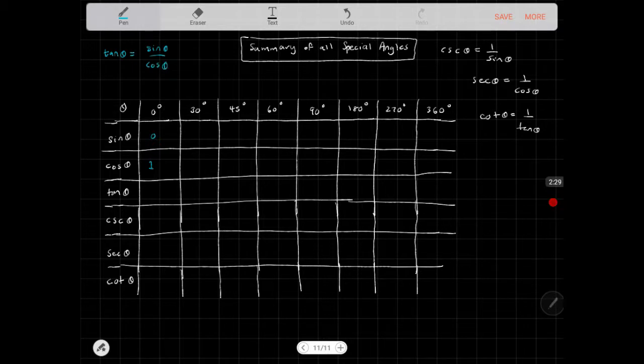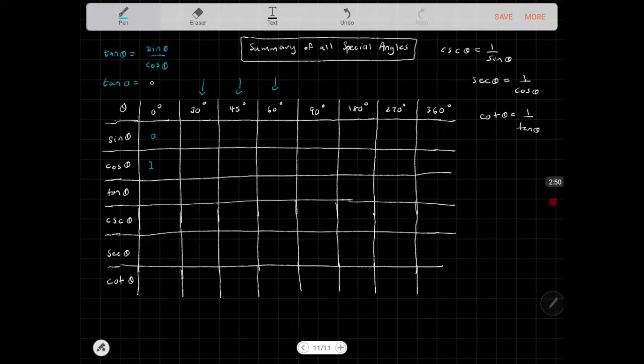So having said this, although we had values from the special triangles, which included 30 degrees, 45 degrees, and 60 degrees, where we actually determined tan theta, for the unit circle, you can actually just divide sine over cosine to find tan.